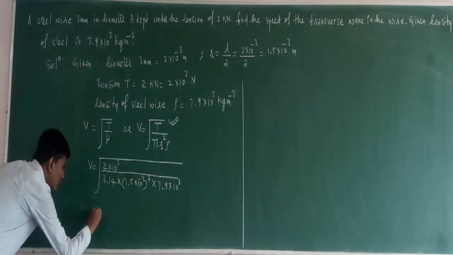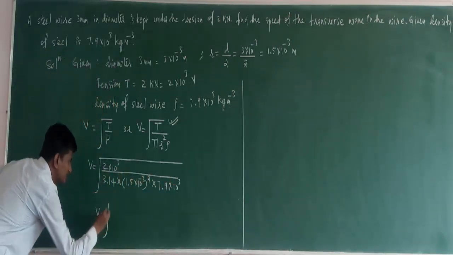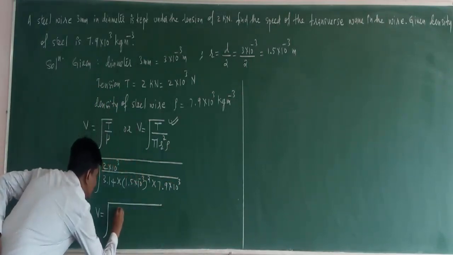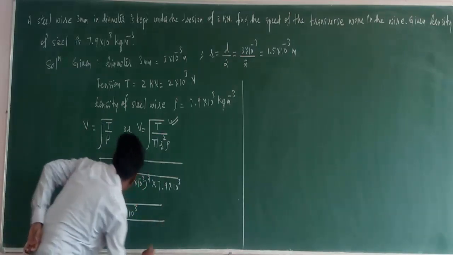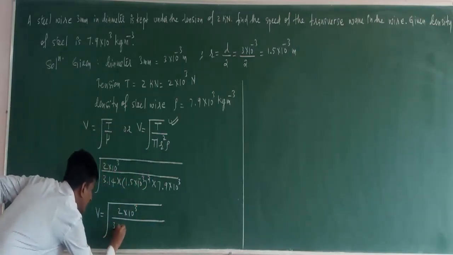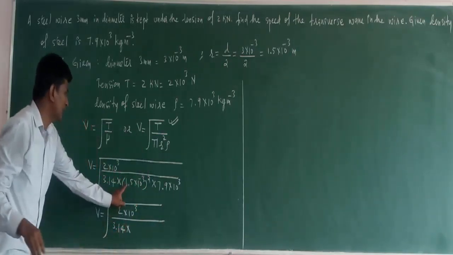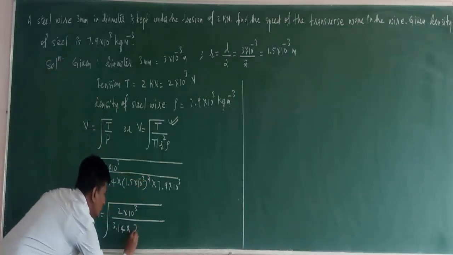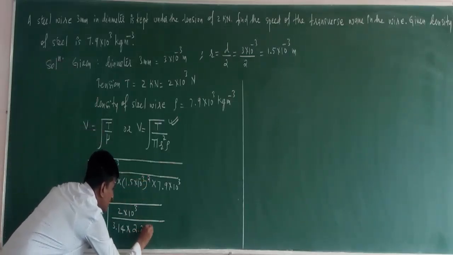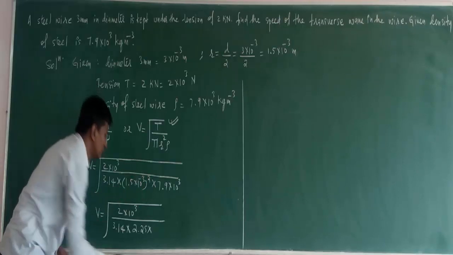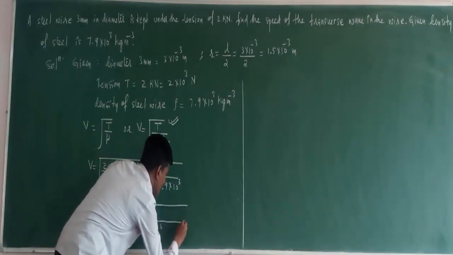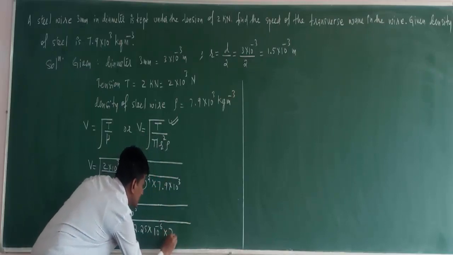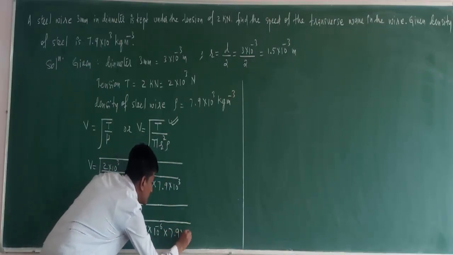It gives you V is equal to 2 into 10 raised to 3 whole divided by 3.14 multiplied by 1.5 square, which is 2.25, 10 raised to minus 3 squared, it becomes 10 raised to minus 6, multiplied by 7.9 into 10 raised to 3.